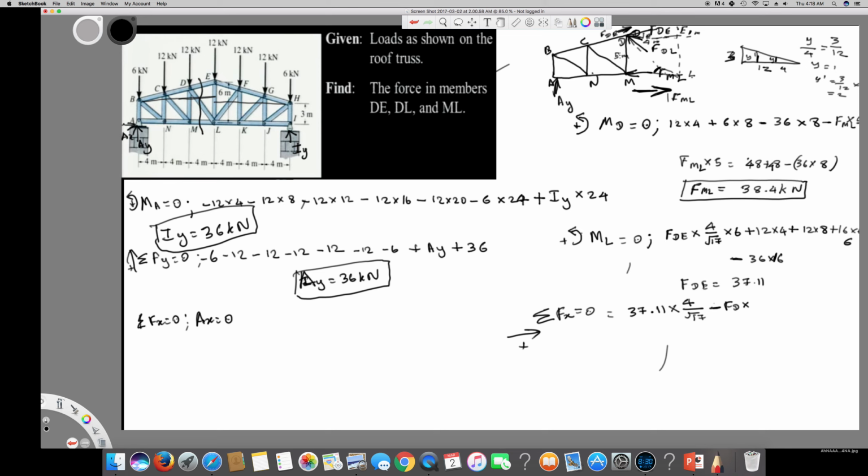The height is 5 meter and the width is 4 meter. So 5 square is 25, 4 square is 16, so 25 plus 16 is root of 41. That's my hypotenuse. So cos theta is 4 over square root of 41. So this is my FDL cos theta.